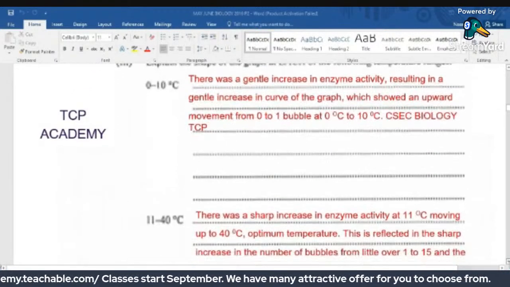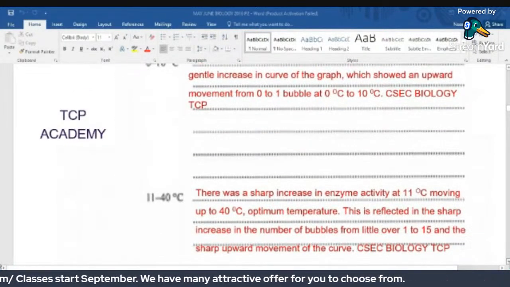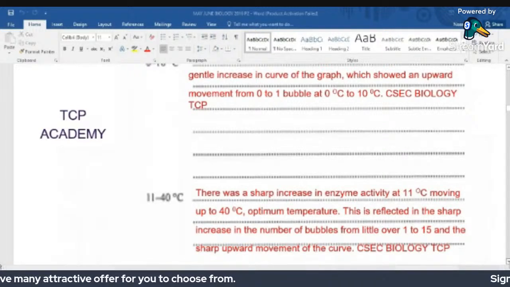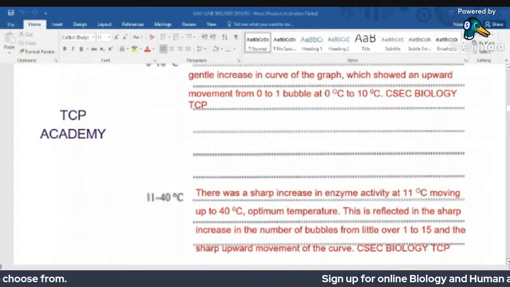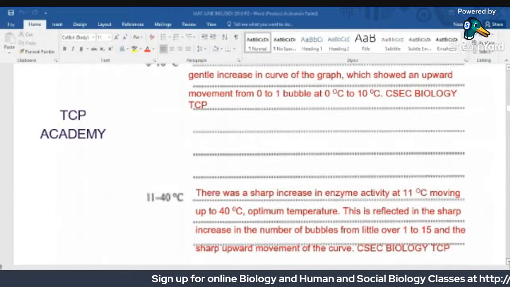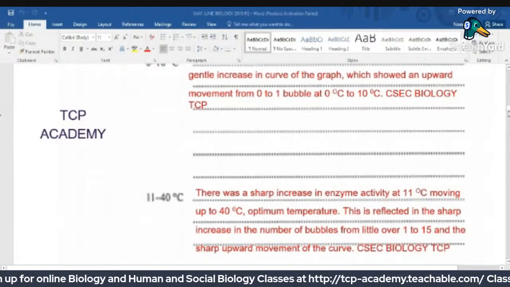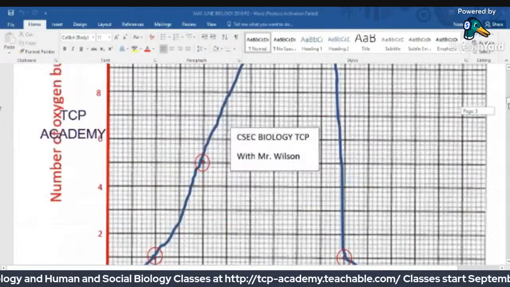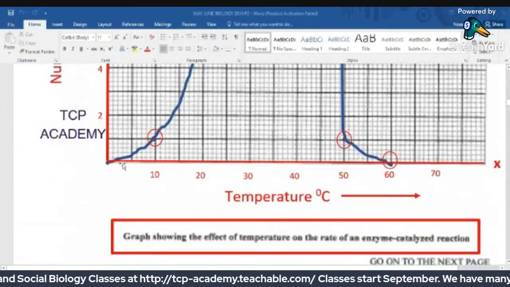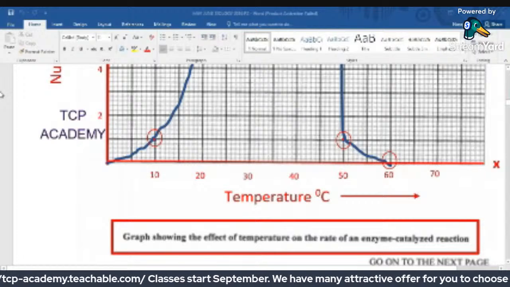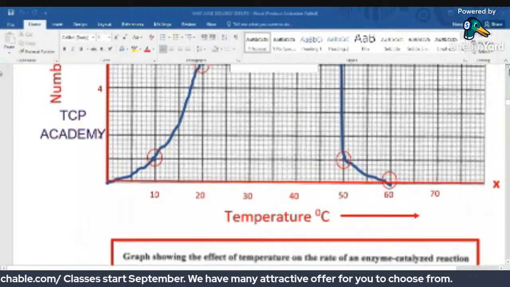Let's move on down to the other question. Between 11 and 40, so remember 11 is just 1 block away from 10. Remember the graph we were looking at. There was a sharp increase in enzyme activity. Let's go right back to the graph to look at that sharp increase. Here we're looking at 0 to 10, but then when we look there, we're seeing something more like an exponential growth.